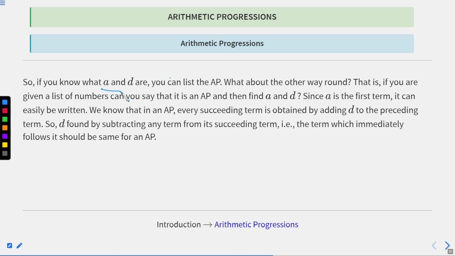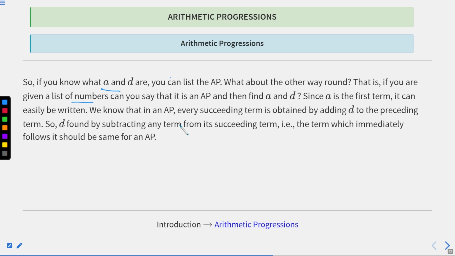And what about the other way around? That is, if you are given a list of numbers, can you say that it is an AP and then find A and D? We have discussed that when we know the values of A and D, we can list the arithmetic progression.